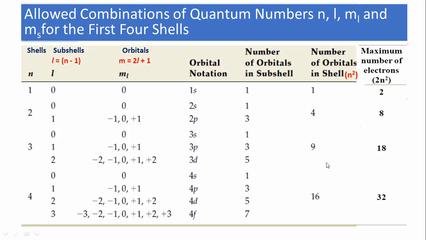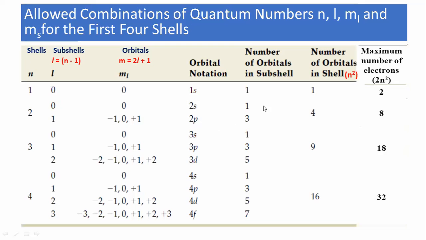So I will be moving to the rest, the four, and how it comes out. The second one is when the value of l is 1, so the m value will be 0, plus 1 and minus 1. And this indicates that this is 2p, where 2 is coming from n and p is coming from the value of l. When the value of l is 1, that is called the p orbital.